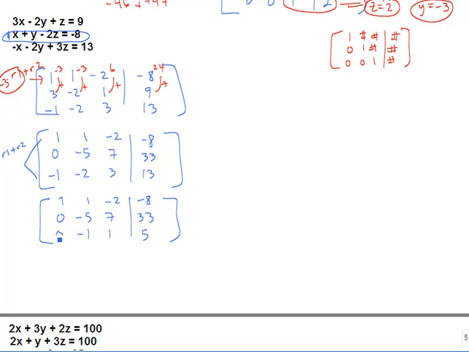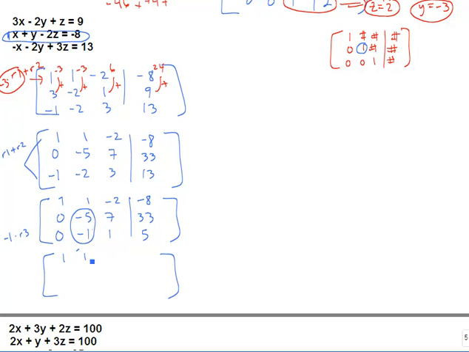Next thing we want to get is this middle 1. So you're going to get that from these two numbers right here. And I already have a negative 1, so if I multiply through by a negative 1 times row 3, that's just going to change all of these signs. So let's go ahead and do that.